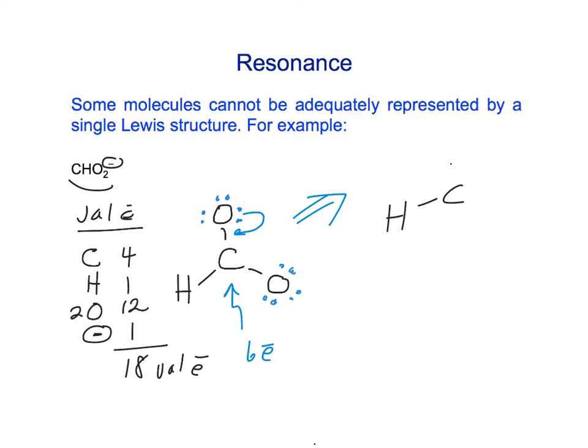So now we have a double bond and a single bond. We have 2 non-bonding electrons on the top oxygen. We have 3 pairs of non-bonding electrons on the bottom oxygen.